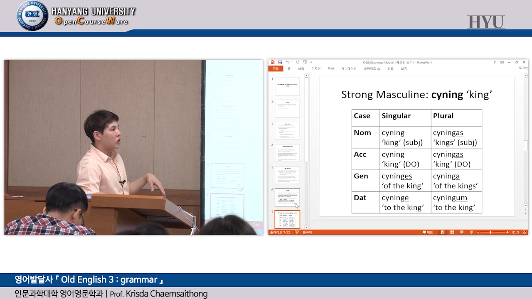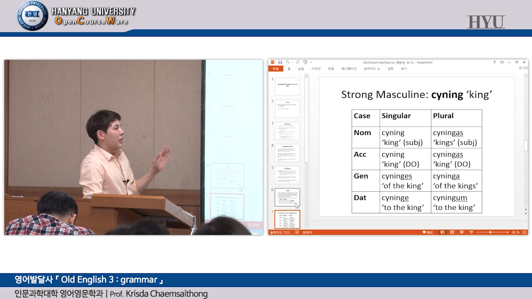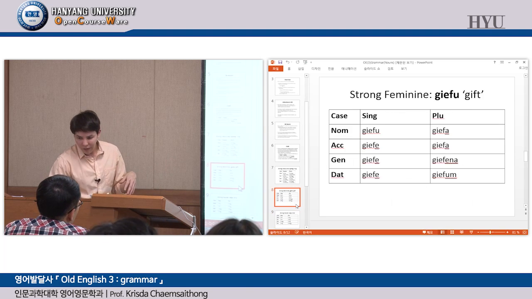Dative singular e, and dative plural um, like that. So Old English speaking people will have no difficulty, even without the word order to help, recognizing who is doing what to whom.